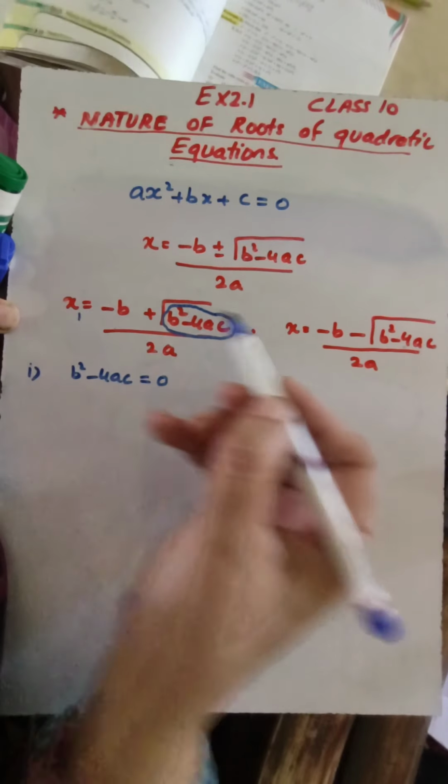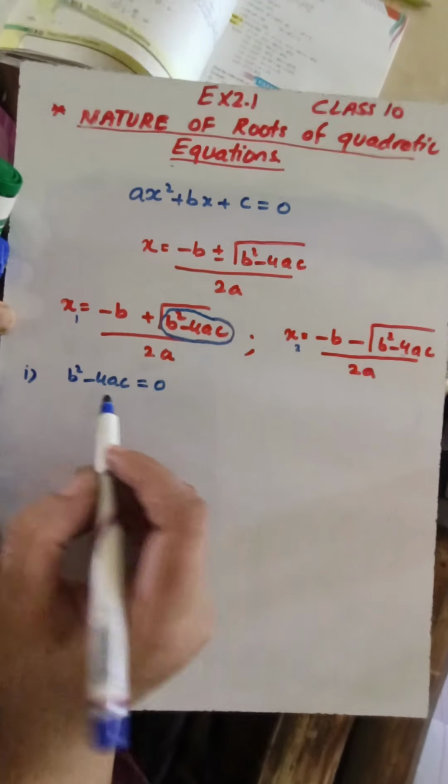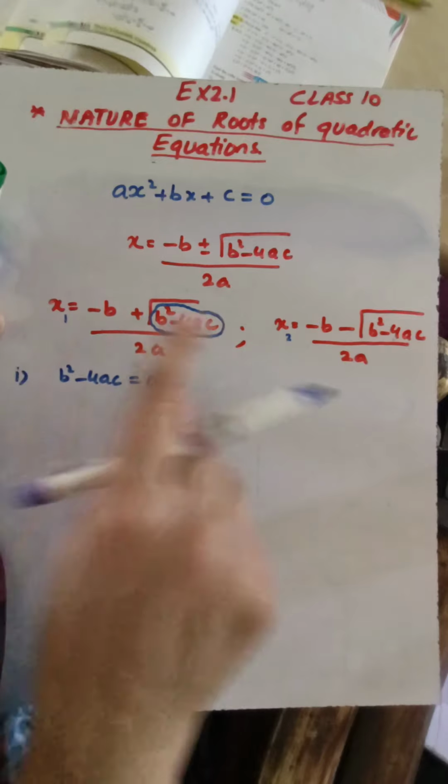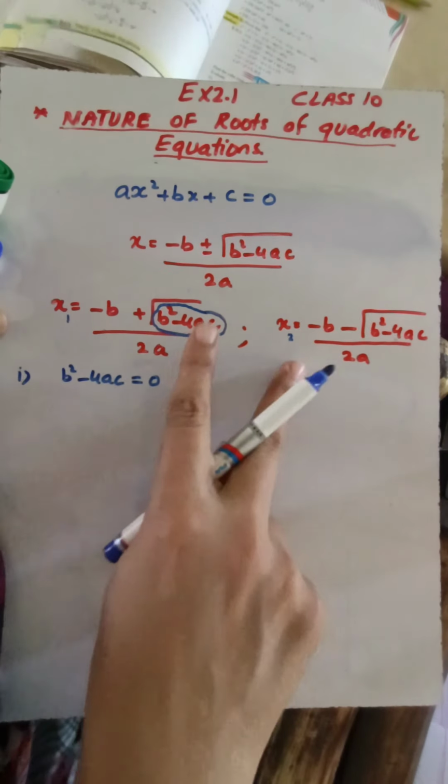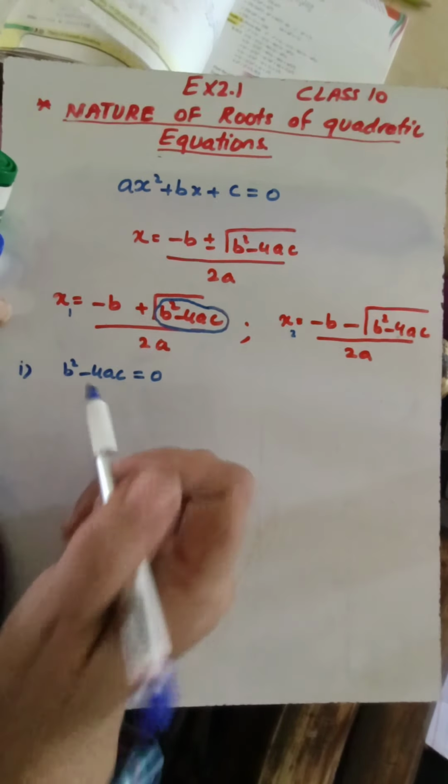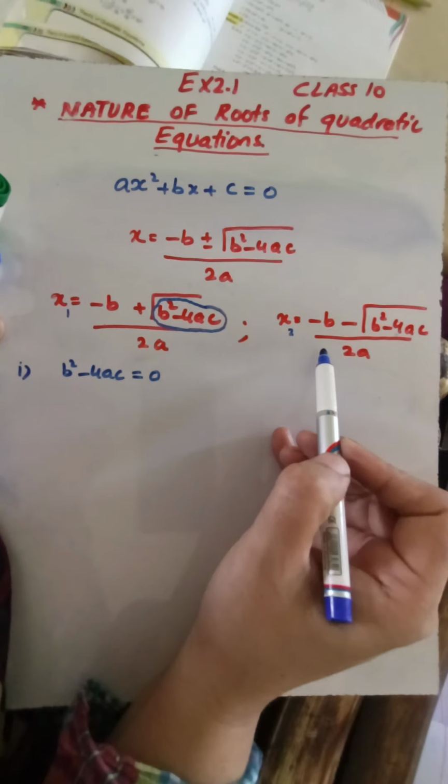Let me name these as the first and the second root. Okay, a quadratic equation can have at the most two roots or two solutions. One is this one and the second one is this one.